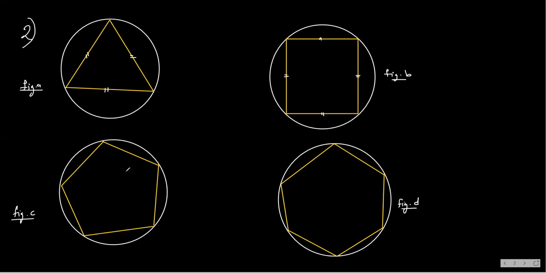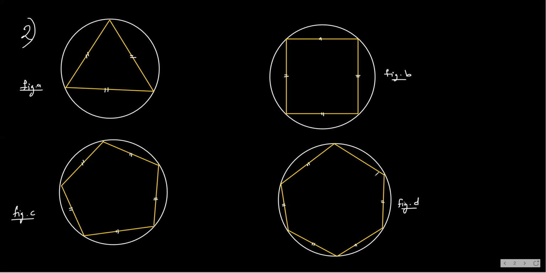I have inscribed a pentagon inside the circle, and once again, all the 5 sides are equal. Now here you don't have to go by construction. These 5 sides may not look equal, but just consider them to be equal. And here in figure D I have a hexagon, where we have 6 sides and all the 6 sides are equal to each other.